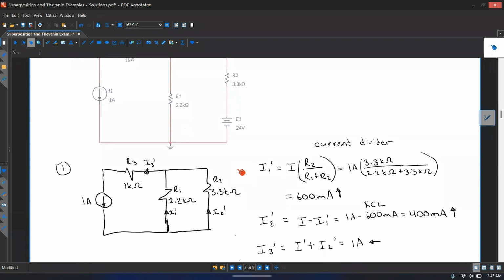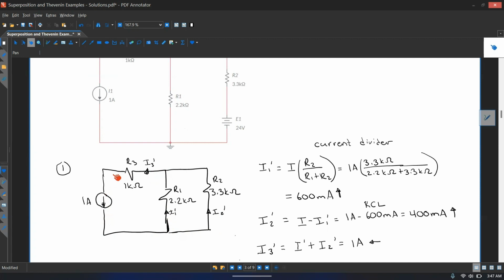Notice how I am placing the directions of the current flow. Current is going to flow down until it gets to this point right here. Then some current is going to flow in this direction, and some in this direction, and meet back up at this junction point and flow in this direction.